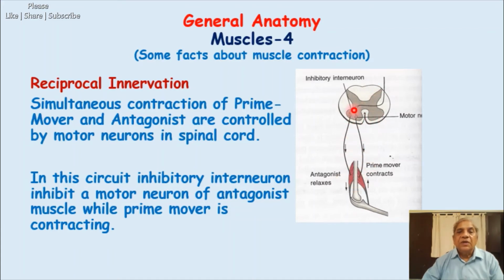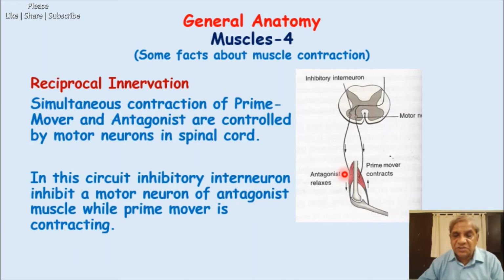Okay, so this is called an inhibitory neuron, which is just telling this triceps muscle to relax at the same speed, and this will be reversed when the contraction in the triceps takes place. That means when the triceps becomes the prime mover, then the biceps will become the antagonist muscle, and it will start relaxing.